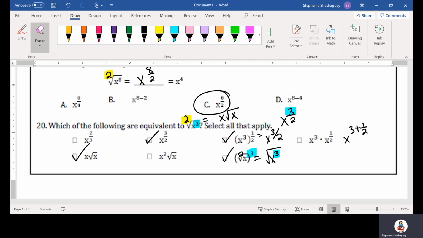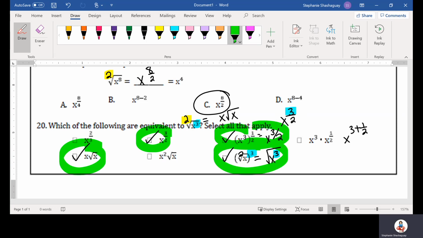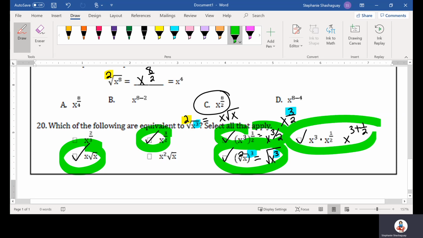Sorry, I don't know why I marked that one. So your correct answers here are there. I did have that right.